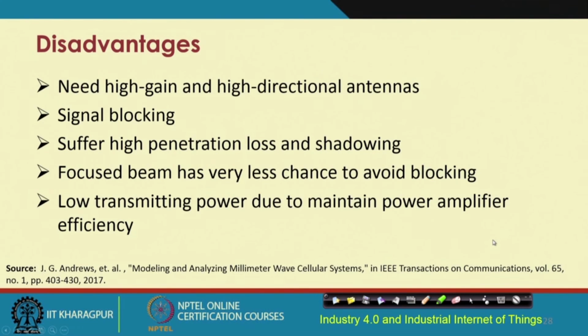The disadvantages of millimeter wave communication are that there is a need for high gain and high directional antennas, and this technology suffers from high penetration loss and shadowing, and there are many more other disadvantages.